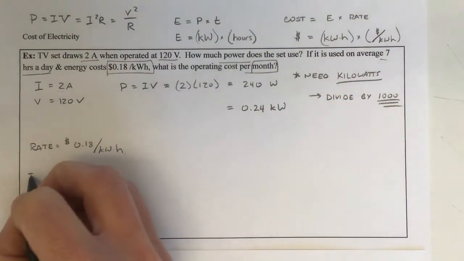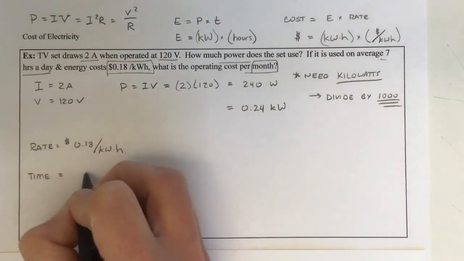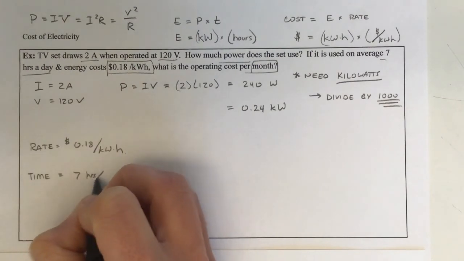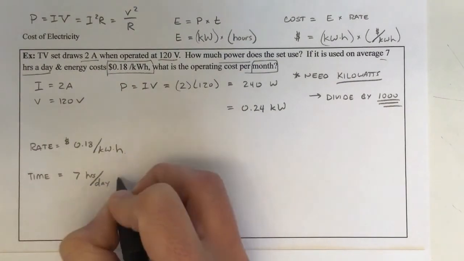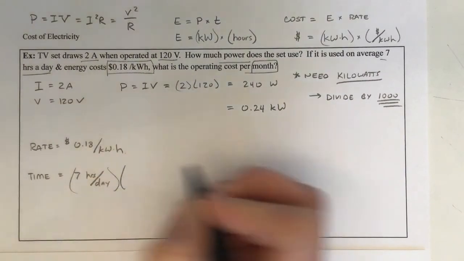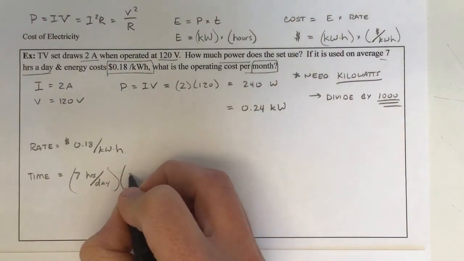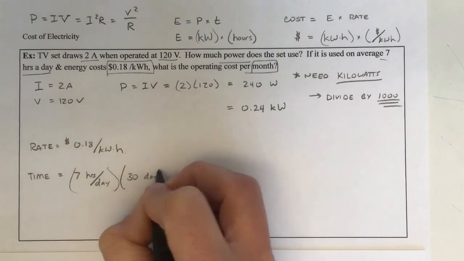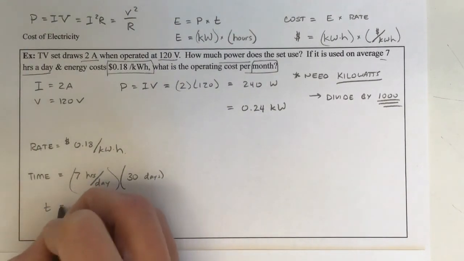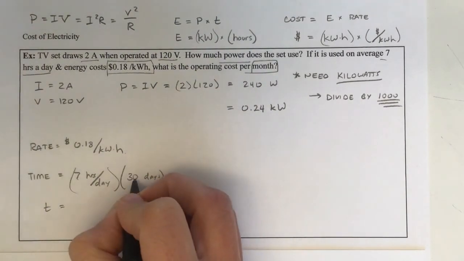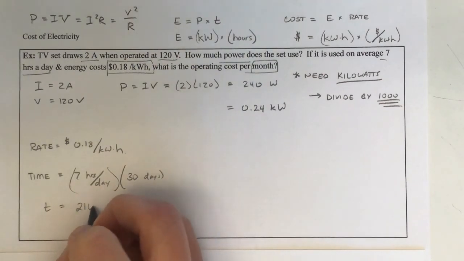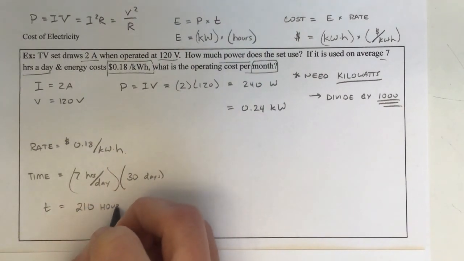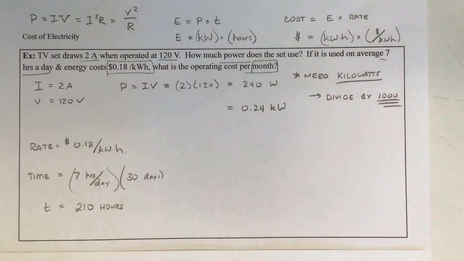Okay, so my time is 7 hours per day, but I've got a month. And so we're always going to do an average. We're going to say that a month has 30 days. So our time value is going to be 7 times 30, that is 210 hours.